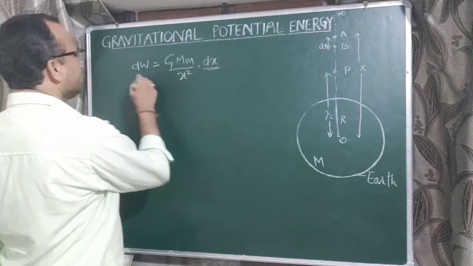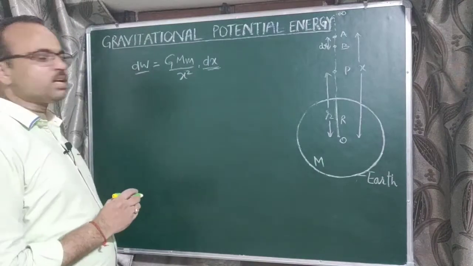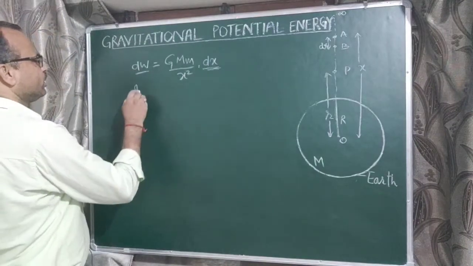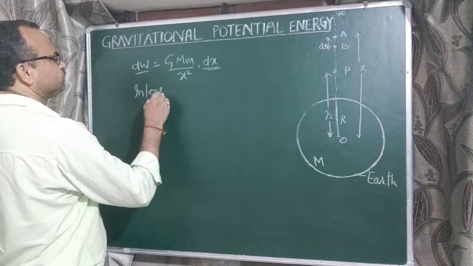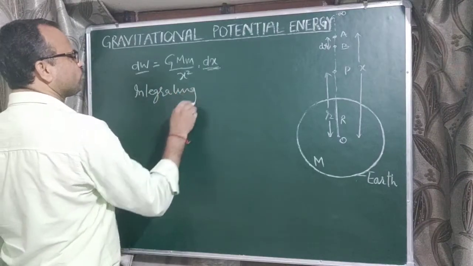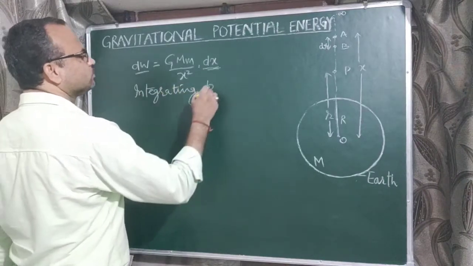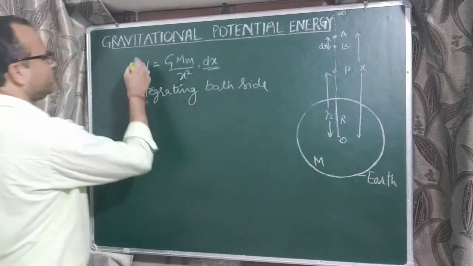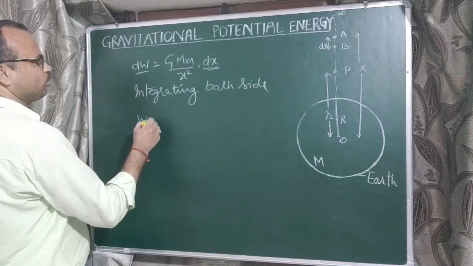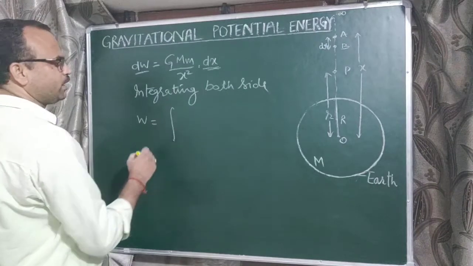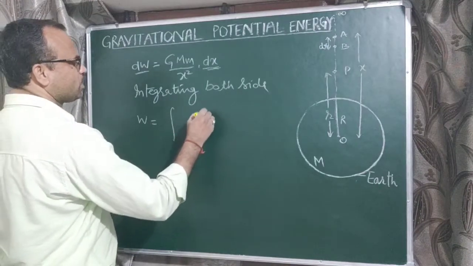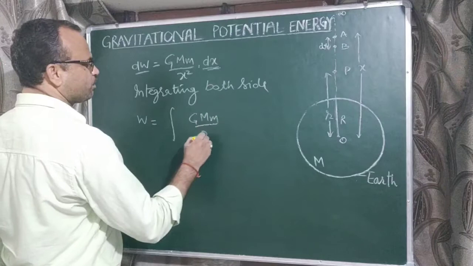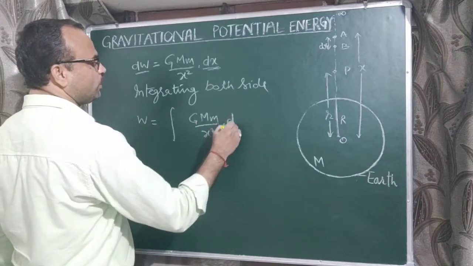Here dx and dW are differentials, so integrating both sides: the integration of dW equals W, and on the right, the integral of GMm upon x square into dx.